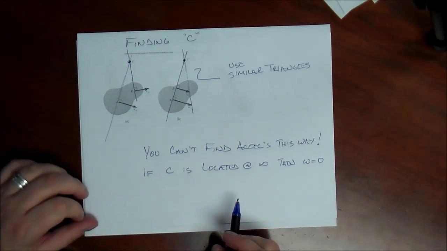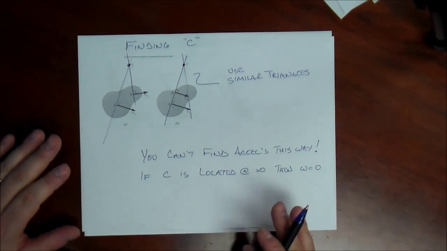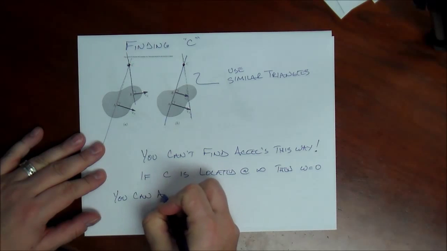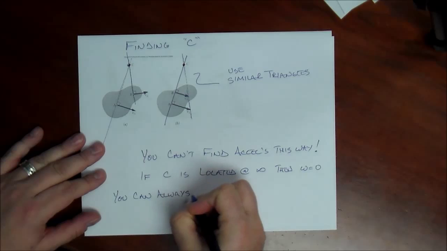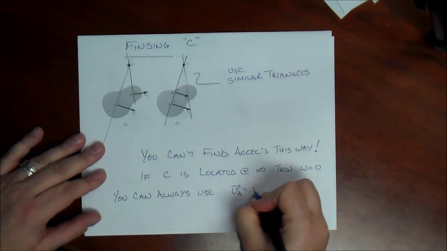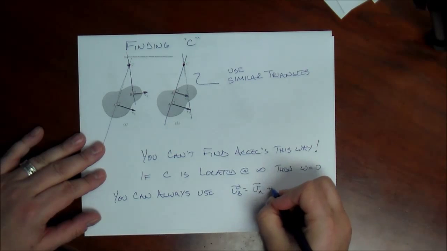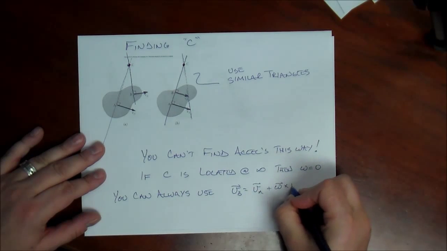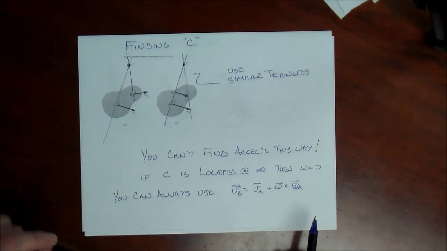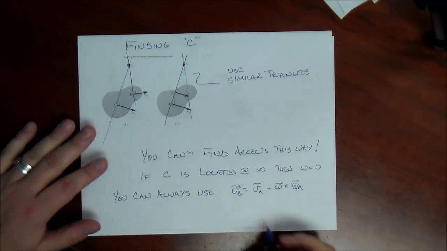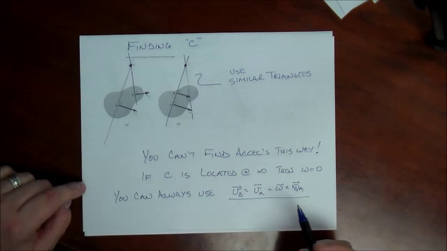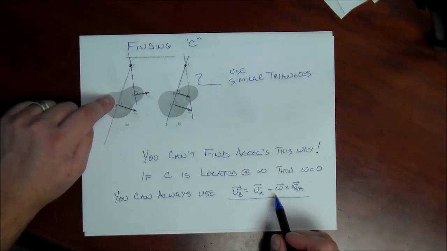And one more thing about this, whenever in any situation where you can use instantaneous centers, you can also always use the general equation for velocity, and vice versa. You can use both, these always work.